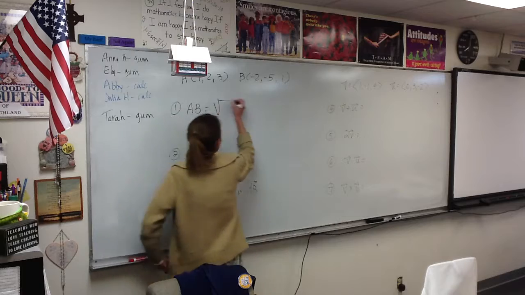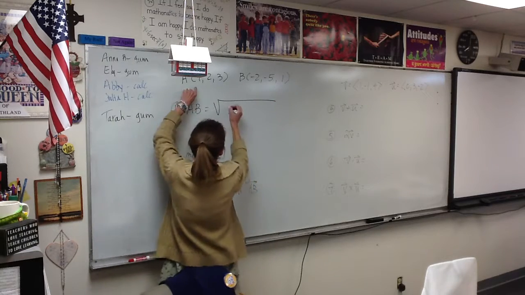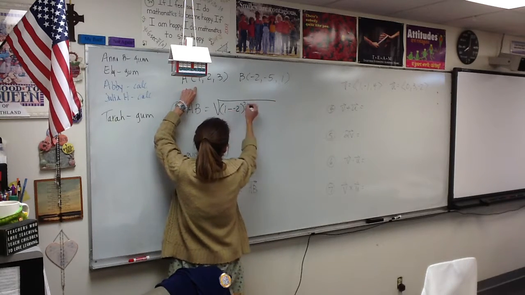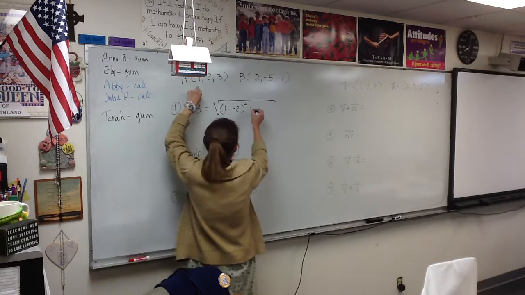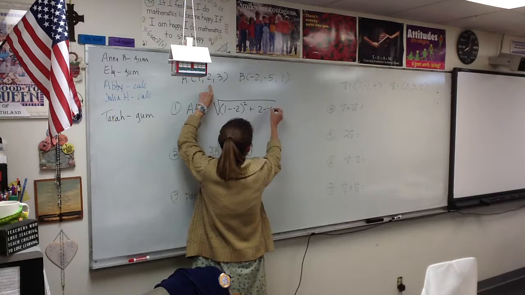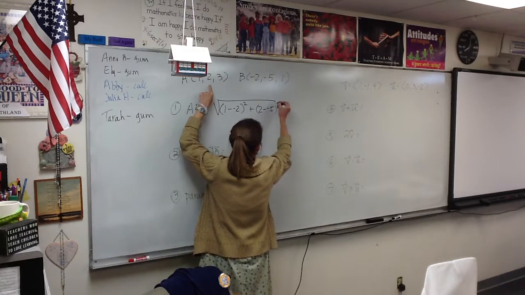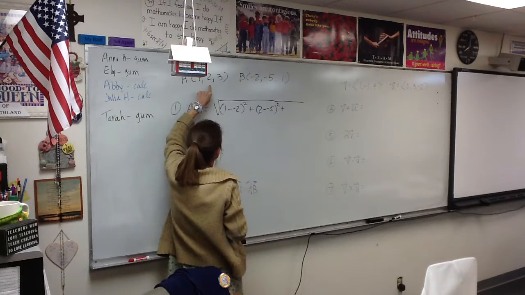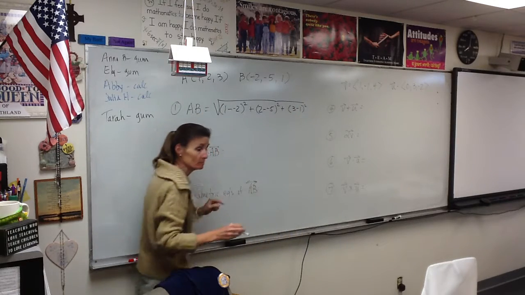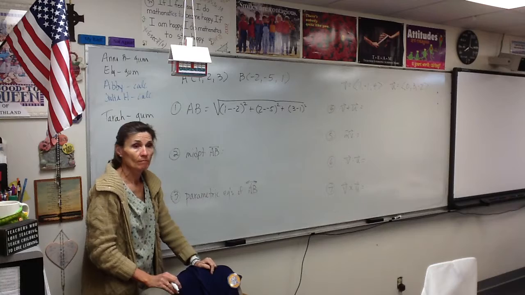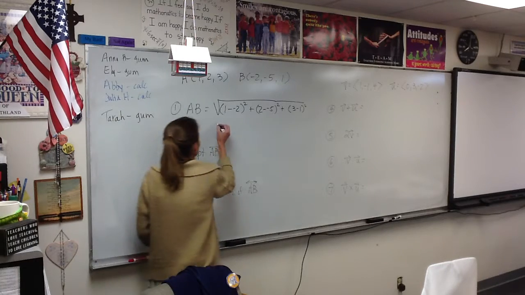So we'll take the square root of 1 minus negative 2 squared. Everybody with me? Plus 2 minus negative 5 squared. Plus 3 minus 1 squared. And then we just do the work.